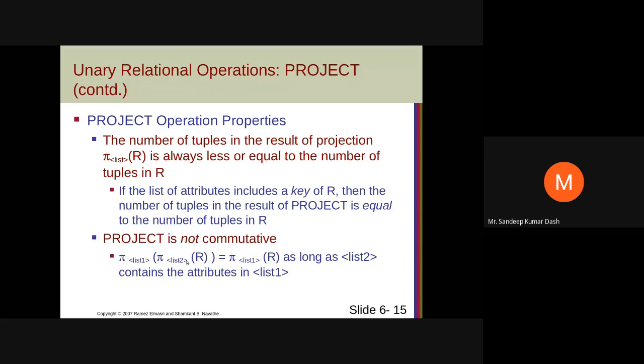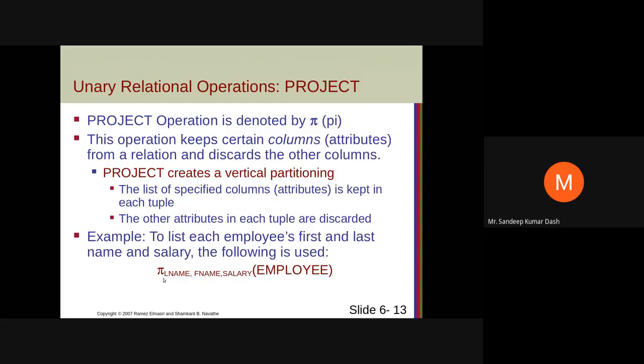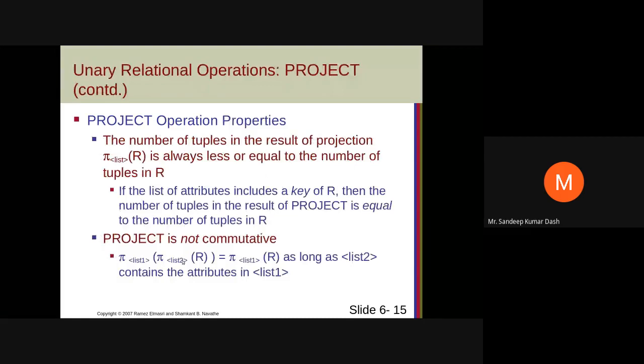Suppose list 2 contains two column names, and out of those two you try to fetch four column names in list 1, that is not possible. But if list 2 has four column names, out of the resultant four you can get two column names. That's why this is not commutative.